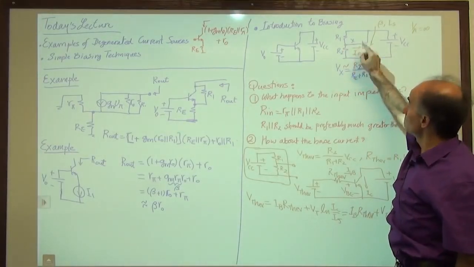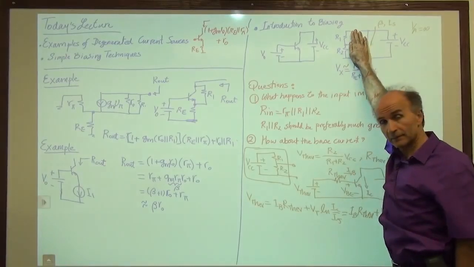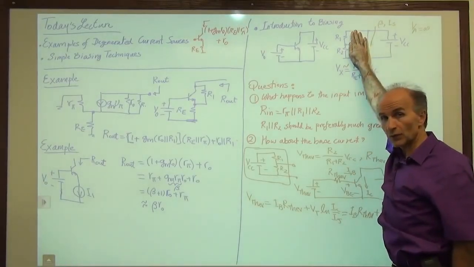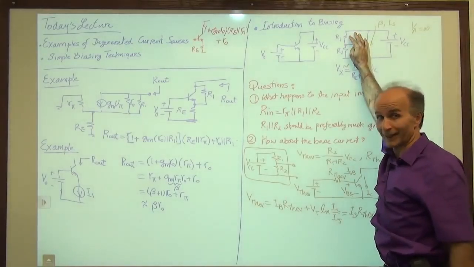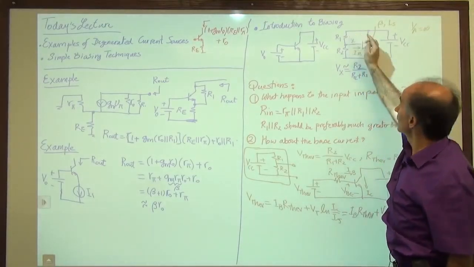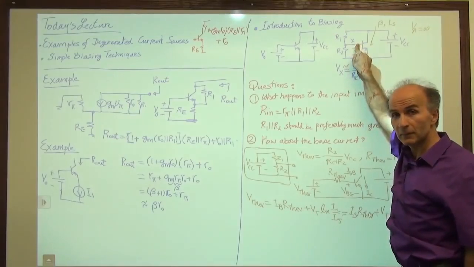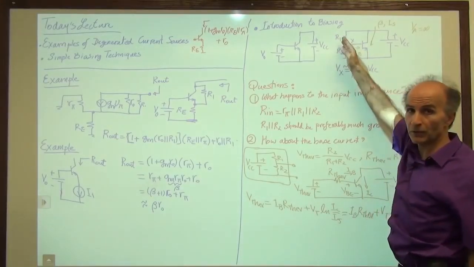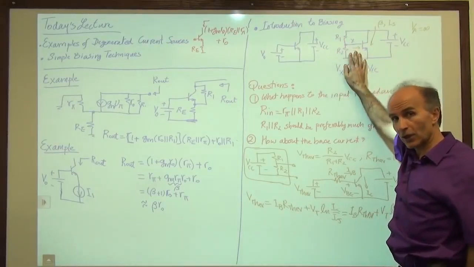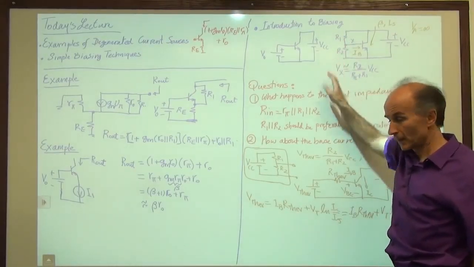So we pretend that IB doesn't exist. We choose the current through this branch to be much greater than IB, maybe 10 times greater than IB, and then we connect them. So now IB flows, but it's a small fraction of this whole current, so the circuit doesn't feel it. Even if IB changes, the circuit doesn't feel it.